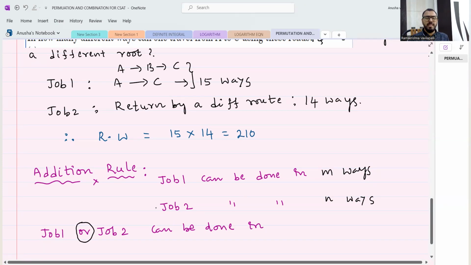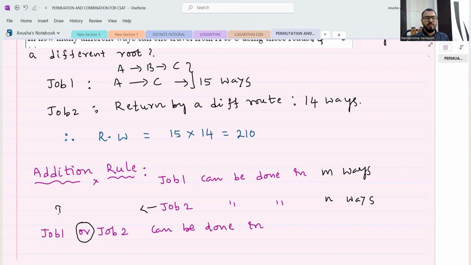And job 2 is independent of job 1. It is not at all depending upon job 1. These two are independent jobs. Job 1 or job 2 can be done in M plus N ways.